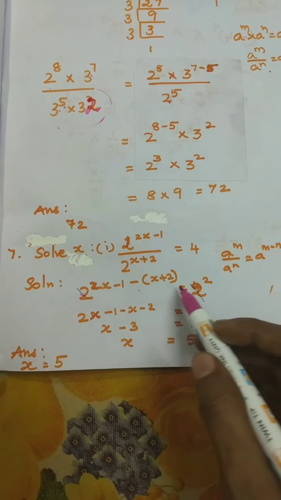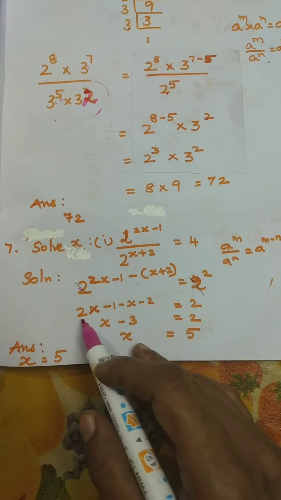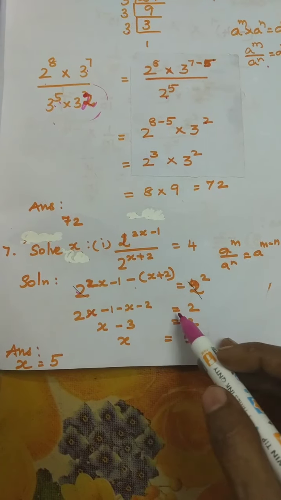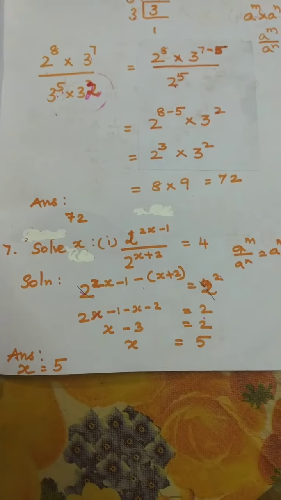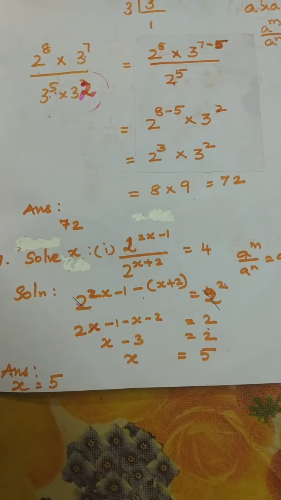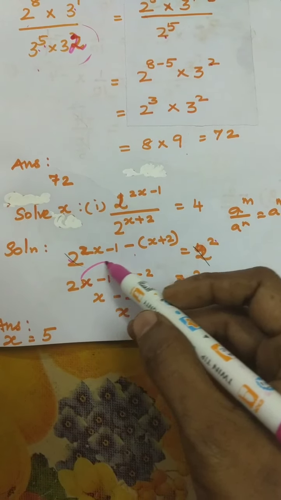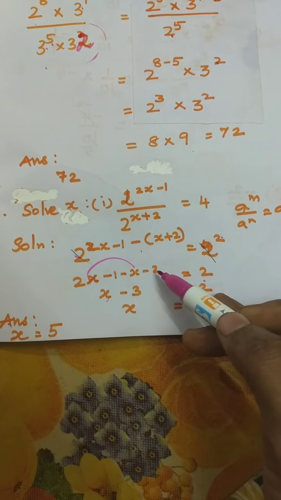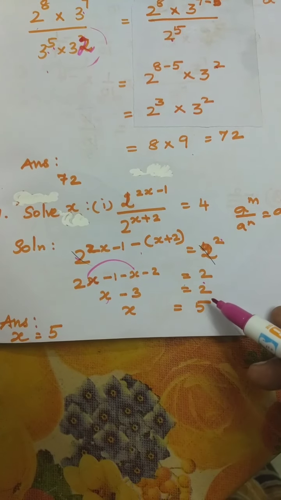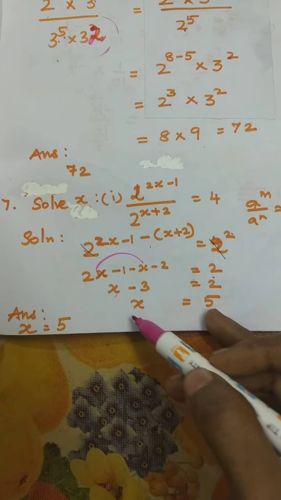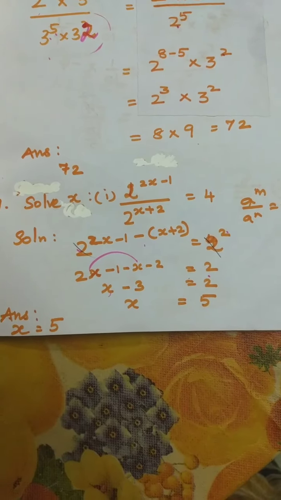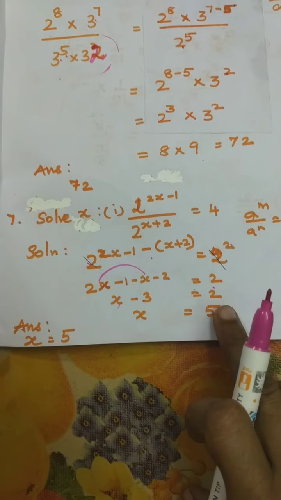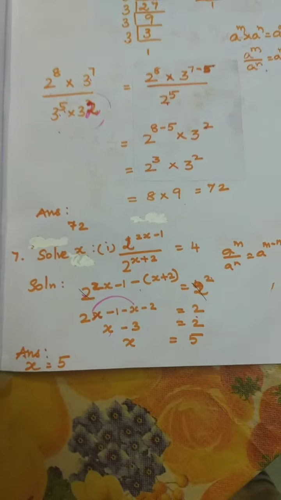So the bases are the same, you cancel them. 2x minus 1 minus x minus 2 is equal to 2. Then 2x minus x is x. Then minus 1 minus 2 is minus 3, equal to 2. Then keep the x here. Bring this 3 to that side, it means 2 plus 3, that is 5. Then the x value is 5.